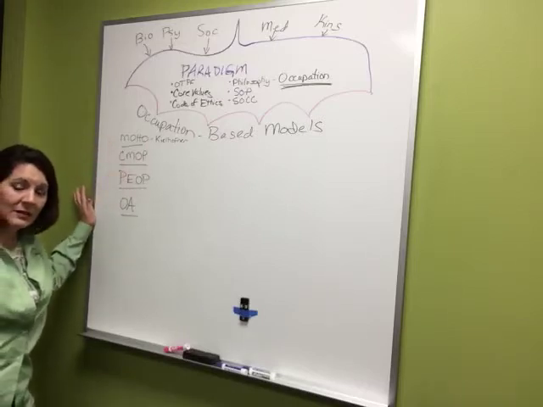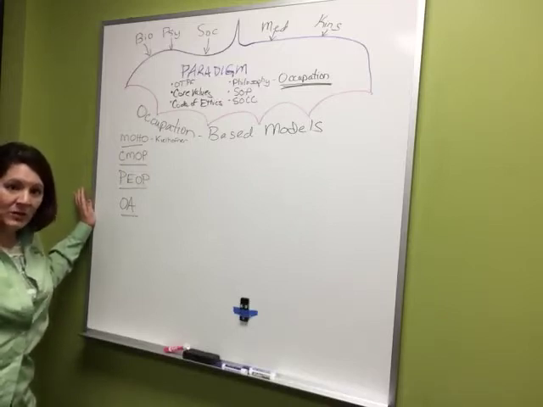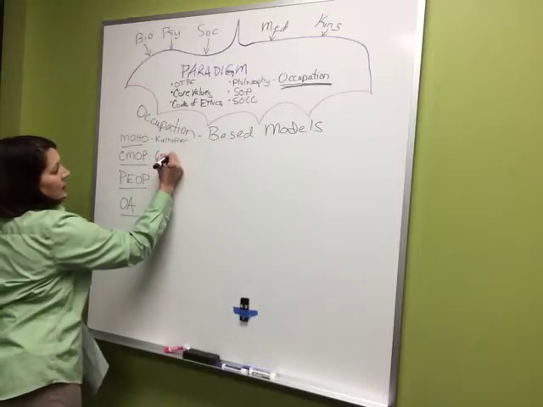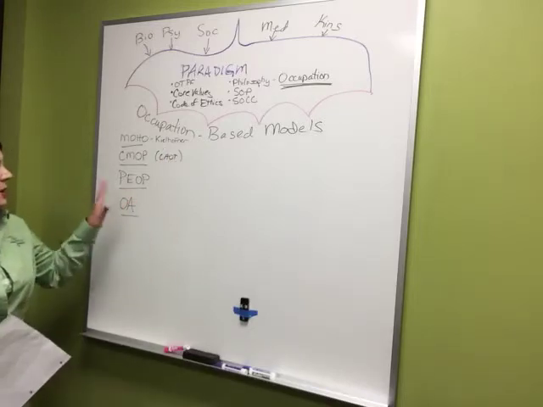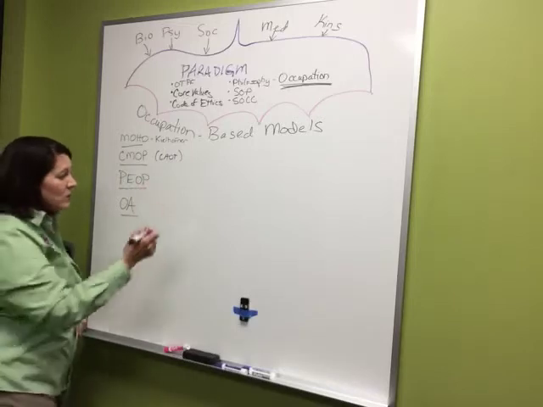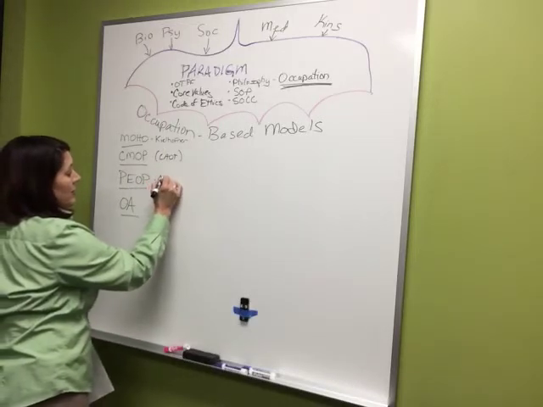CMOP, Canadian Model of Occupational Performance. Who wrote that? Well, that would be the Canadian Association of Occupational Therapists, CAOT. PEOP, Person, Environment, Occupation, Performance. That was Christensen and Baum, both American occupational therapists.